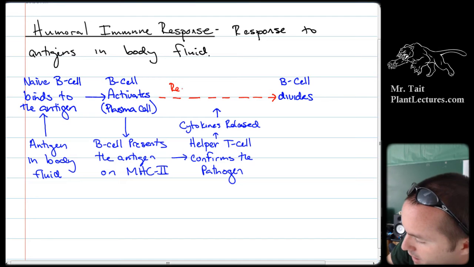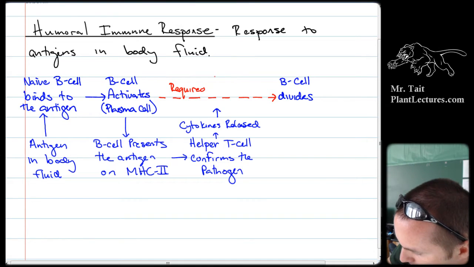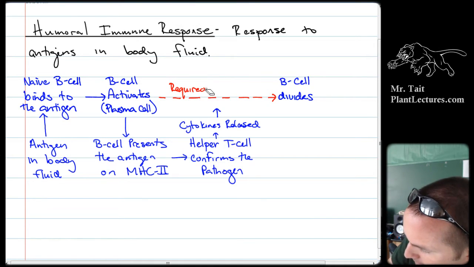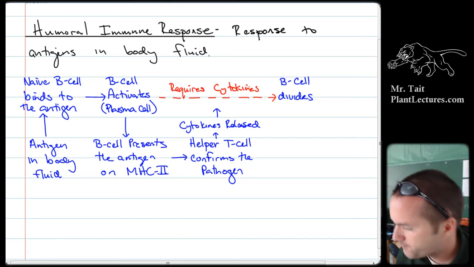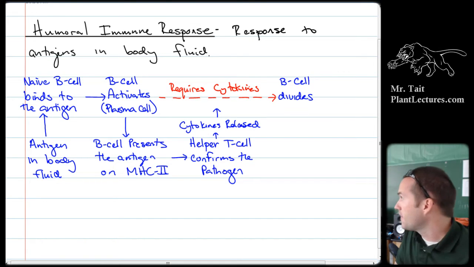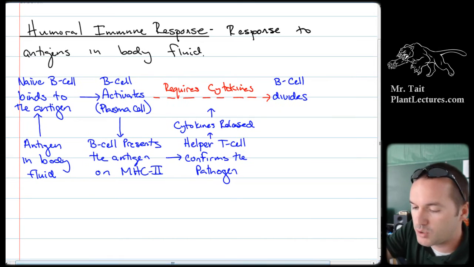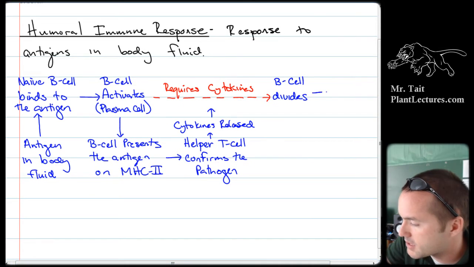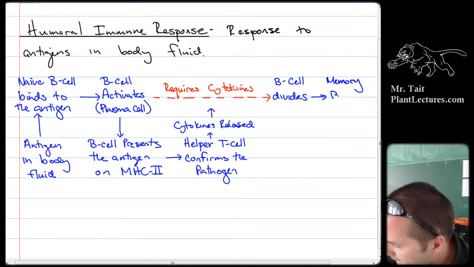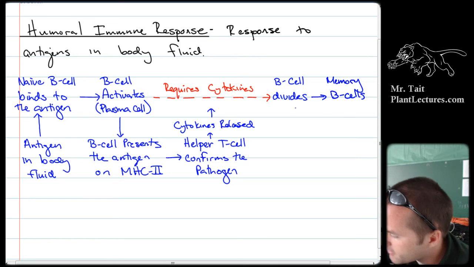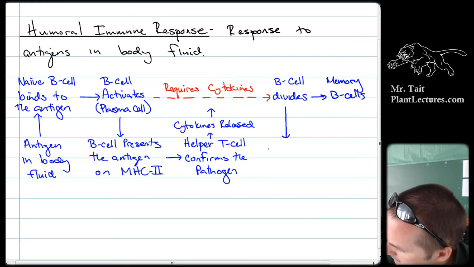So we could say it requires cytokines. Okay, that B cell is going to divide, and it divides into 2 different types of cells. It divides into a cell called a memory B cell, and another cell called an effector B cell.